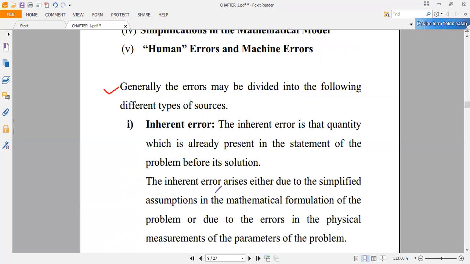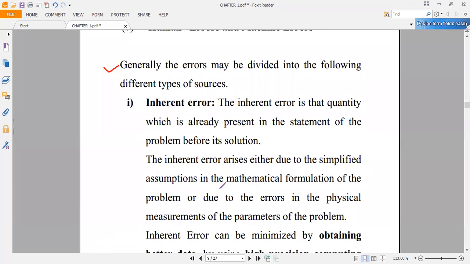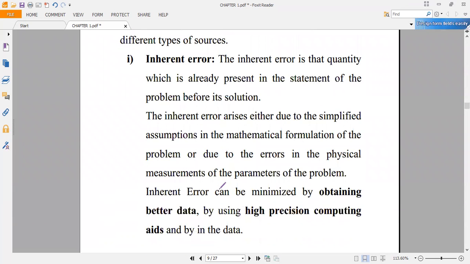An inherent error is an error which is already present in the statement of the problem before we compute its solution. Inherent errors arise either due to simplified assumptions in the mathematical formulation of a problem, or due to the physical measurement of the parameters of the problem.